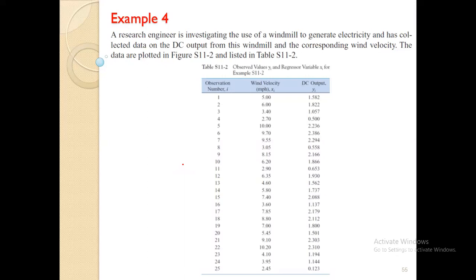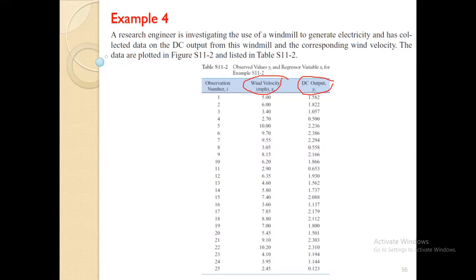For this case, we talk about the wind turbine. We produce energy by the wind turbine as DC output. DC is direct current. We have verified data for this. The DC output is related to the wind velocity.